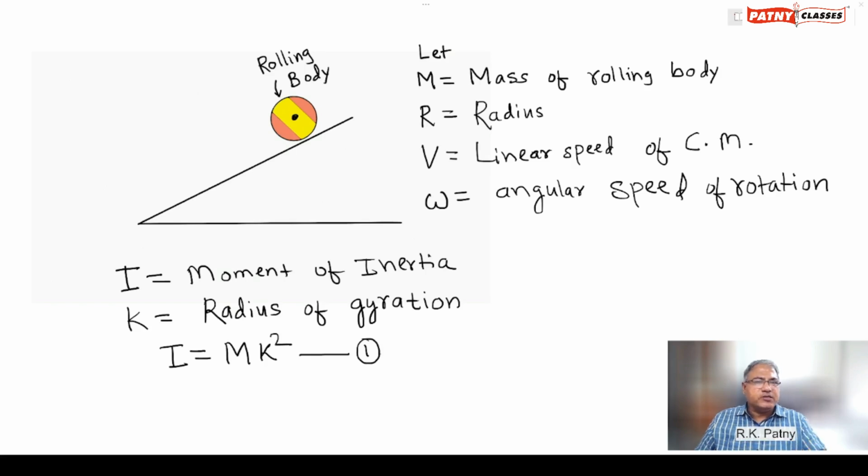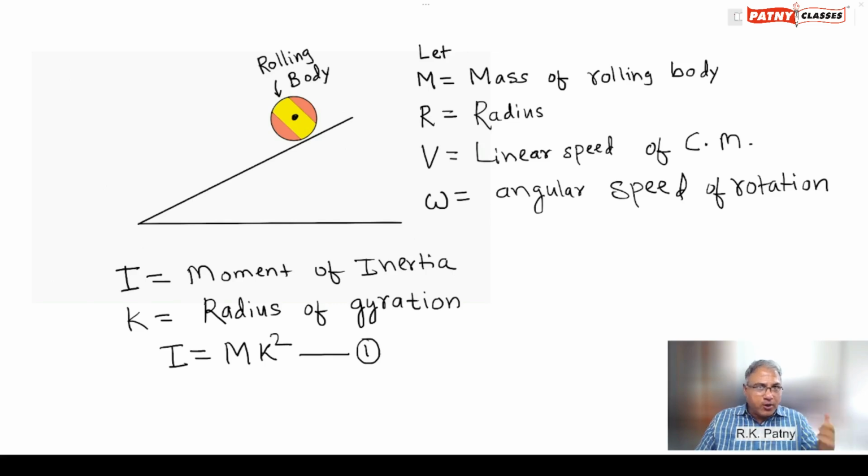To find the expression for the total energy of a rolling body, let us discuss some basic things. The mass of the rolling body is denoted by capital M. The radius is r. What is the linear speed? We have already said that the center of mass has linear speed, so linear speed equals v, the linear speed of the center of mass. And the body is rotating, therefore it has angular speed, so omega equals the angular speed of rotation.